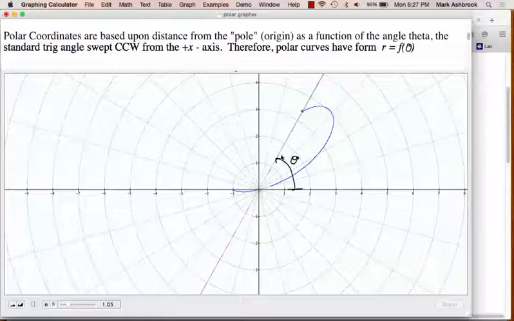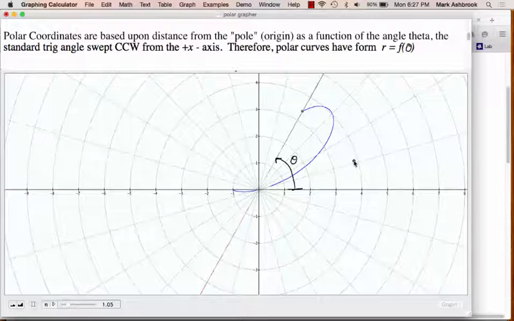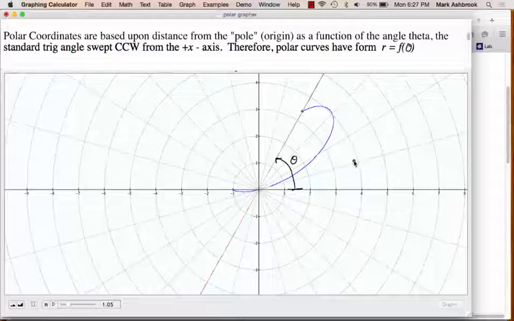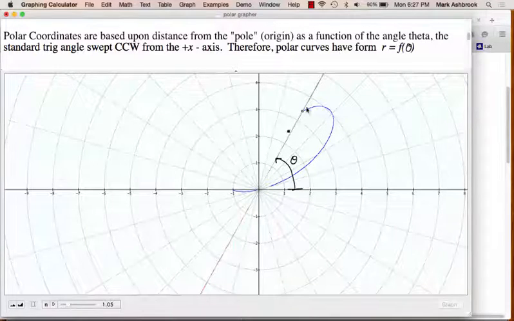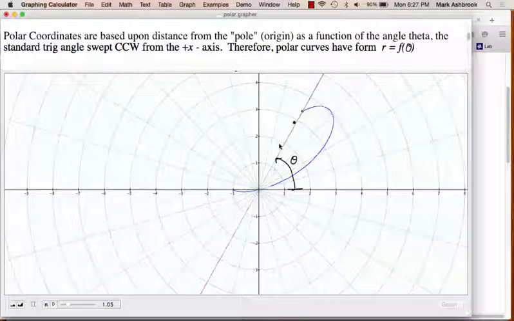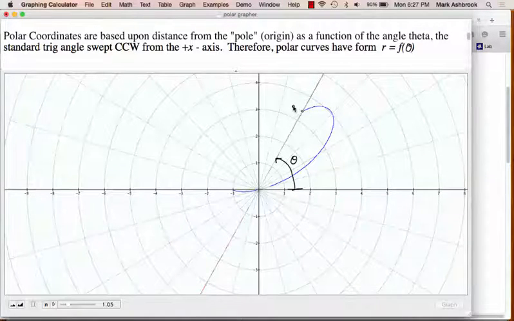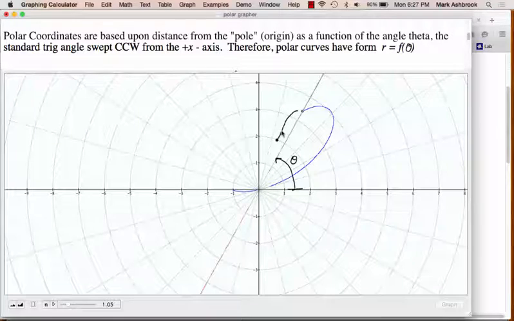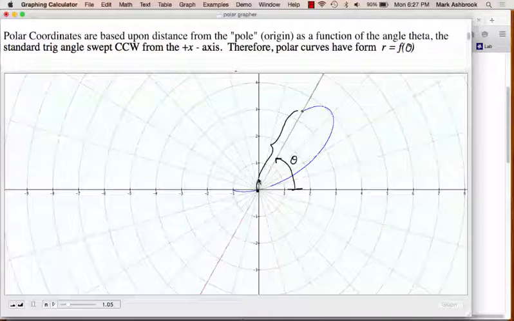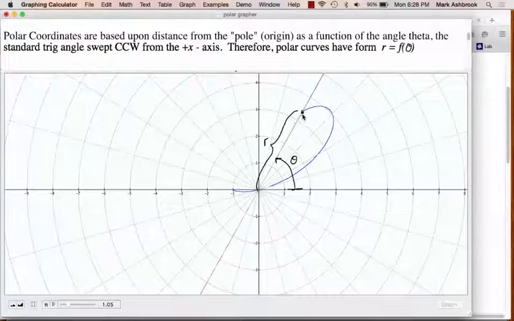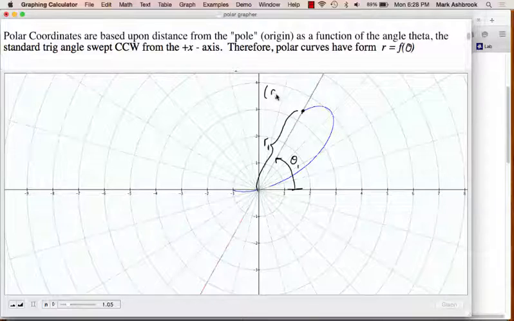And the function designates for every theta a distance from the pole. So for this theta, it's saying that the distance is almost 3.5. This distance right here is r. I'll call this theta 1 and r1. So this point right here has coordinates (r1, theta 1).